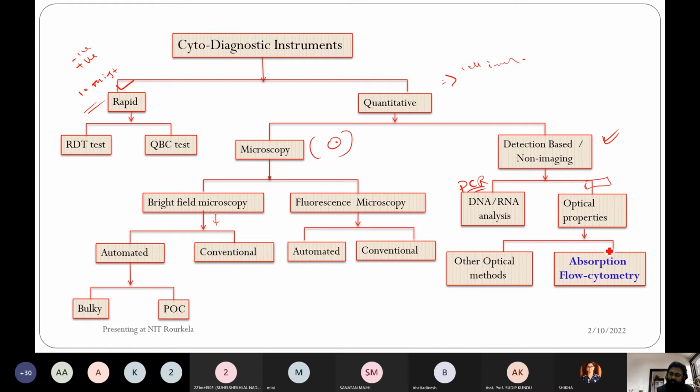My work also lies in this area, which is called absorption flow cytometry. One thing I'll tell you: sample preparation is required for each and every instrument. Some instruments might need pre-sample processing.